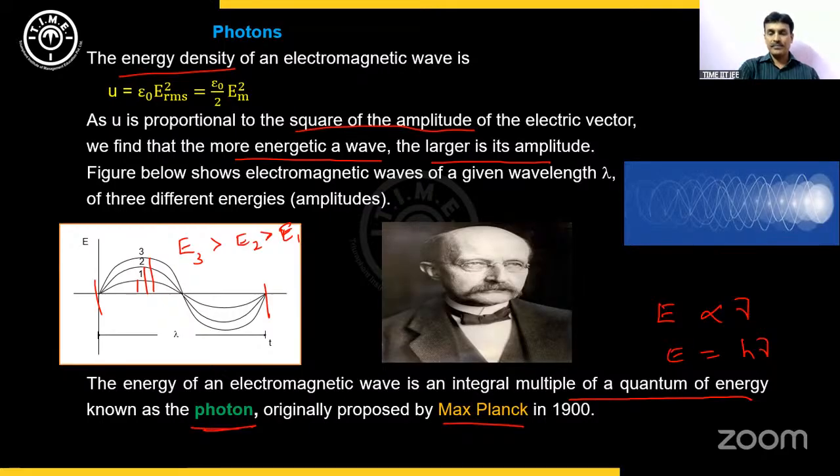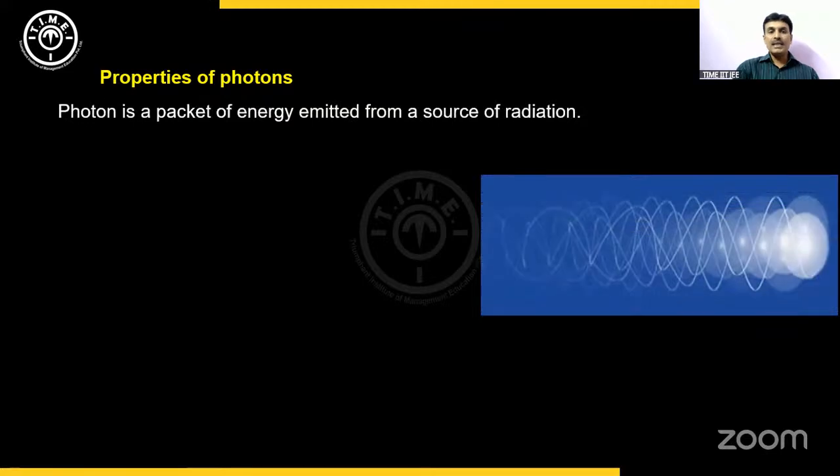Okay. Next. So coming to the properties of these photons. Photons travel with the speed of light, which is 3 into 10 power 8 meter per second. And a photon is nothing but a packet of energy emitted from a source of radiation. The photon is shown here.